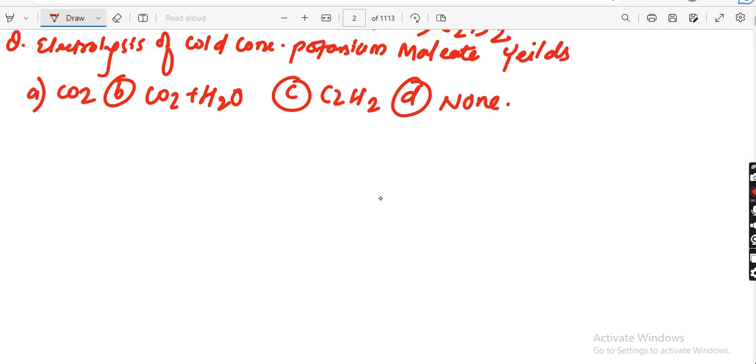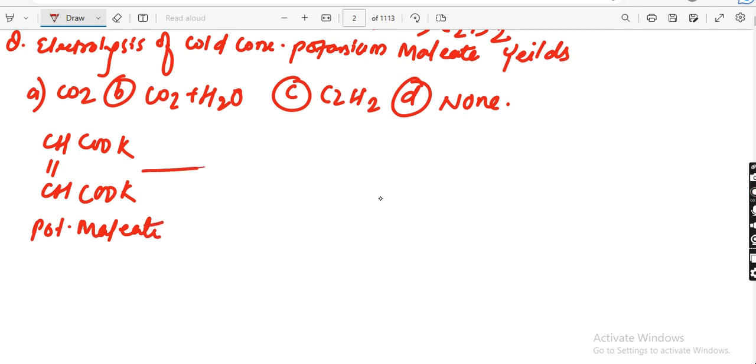Alright. So you must understand this Kolbe's electrolysis. This is CH=CH with COOK on each end, your potassium maleate, right? When you do electrolysis of this, it will give COO minus, and COO minus plus 2K plus, right?